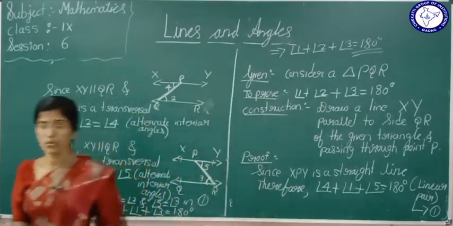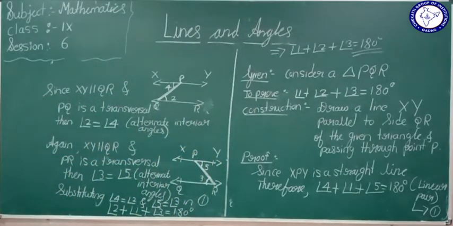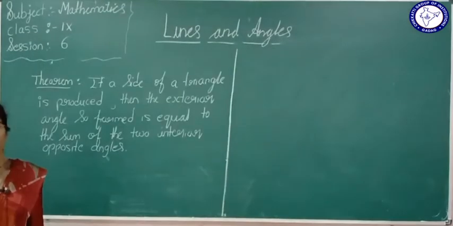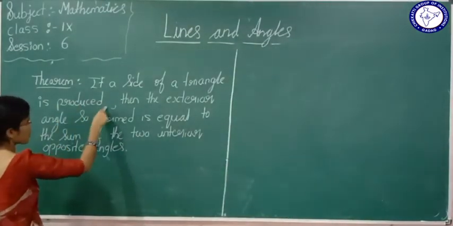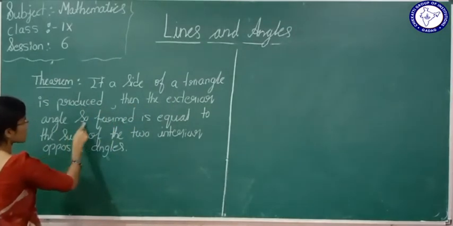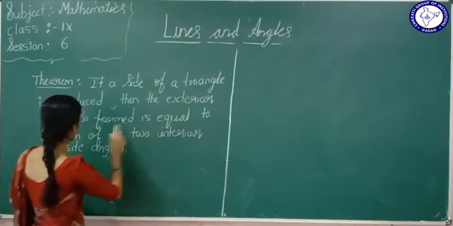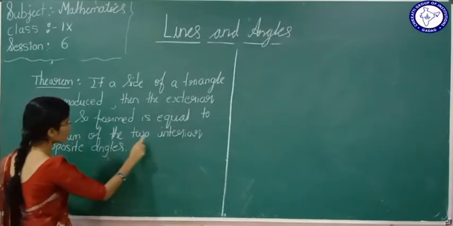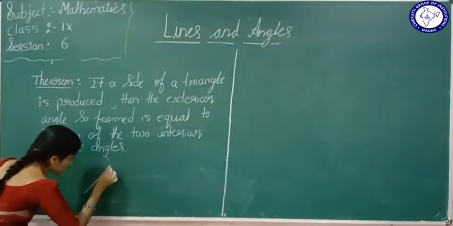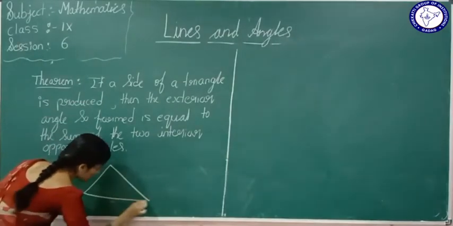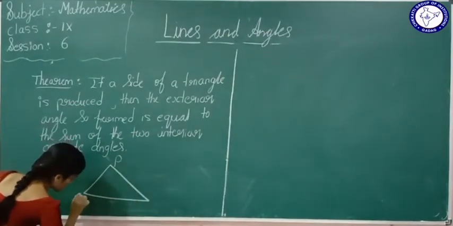Therefore, the sum of angles of a triangle is 180 degree. Now we will see one more theorem. In the next theorem, if a side of a triangle is produced, then the exterior angle so formed is equal to the sum of the two interior opposite angles. So for this we will consider one triangle PQR.